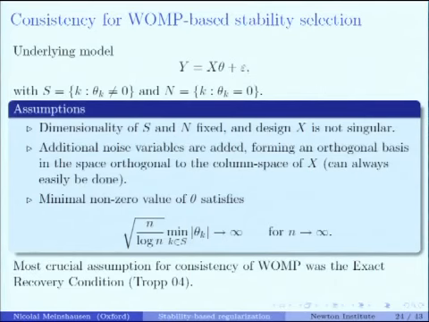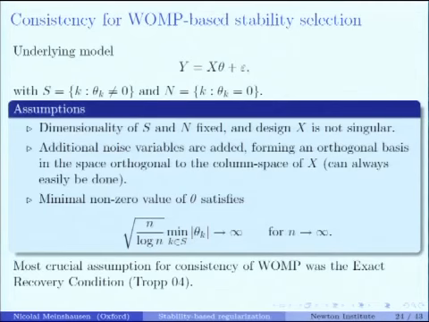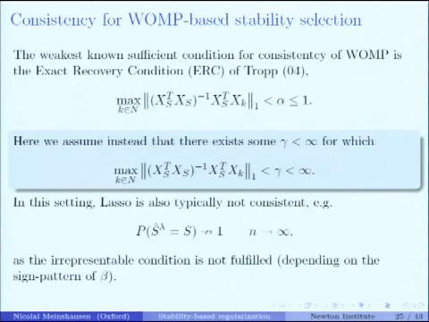Then there is the technical assumption, where I fill up the predictor variables I have with even more noise predictor variables, which I think is kind of essential, but I don't want to go into too much detail. And the third one is, of course, the standard assumption that the minimal non-zero value can't vanish too fast for n to infinity. But if you remember, the most crucial condition for the success of orthogonal matching pursuit in the first place was that the exact recovery condition is satisfied. So that's the condition you have up here again.